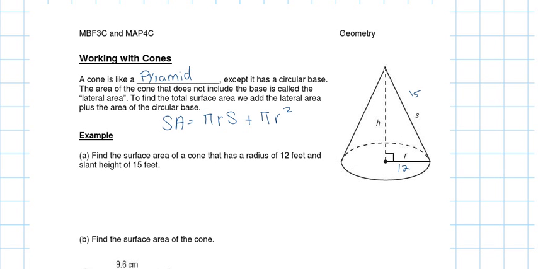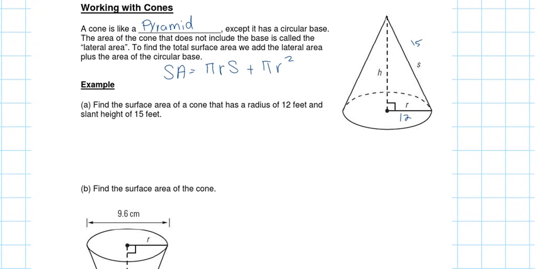Okay, so in order for me to be able to solve this, I need a formula, and I'm going to plug in the given information. So I know that the radius is 12, and I know that the slant height is 15, and then plus pi times 12 squared.